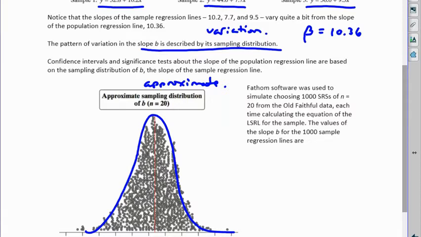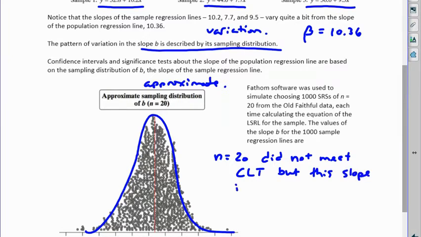Because we had n equal to 20, it did not meet the CLT, central limit theorem, but this slope inference involves means. And what does means involve?